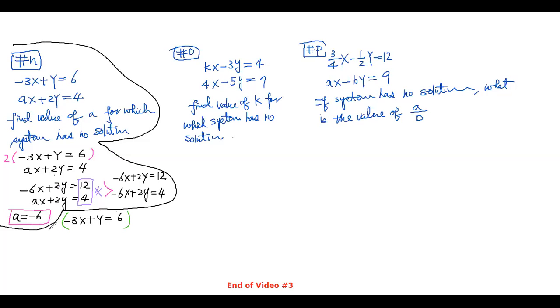Okay, so what I'm going to do here, because I want to eliminate y, I'm going to times negative 2. All right, so when I times negative 2 times negative 3, it's 6x minus 2y equal to negative 12. Now I carry over my second equation. This is ax plus 2y.